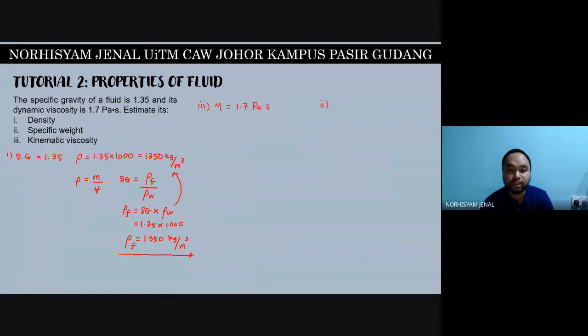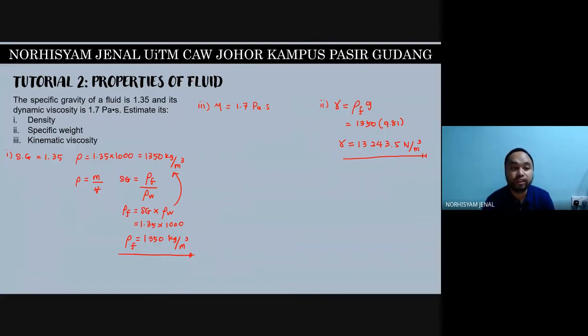Once we get the density, specific weight is just equal to rho fluid times g, which is 1350 multiplied by 9.81, which is 13,243.5 Newton per meter cube. So we cover the second question.